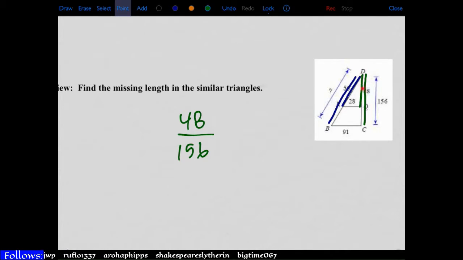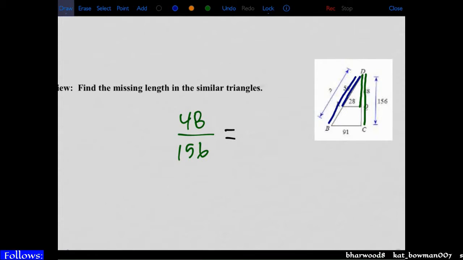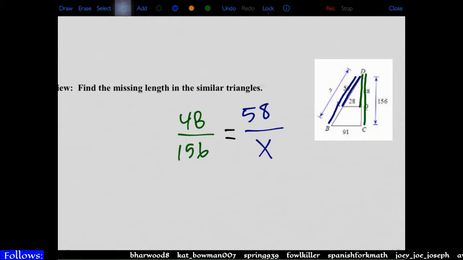This one was 48. Whole thing is 156, is equal to 58 over x. Okay, 58 was this small side of the smaller triangle, and then x is the entire side. So we did small side over big side equals small side over big side.